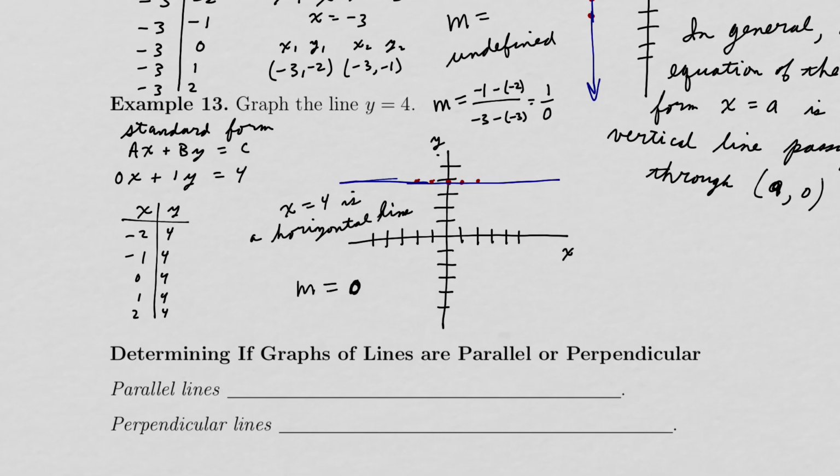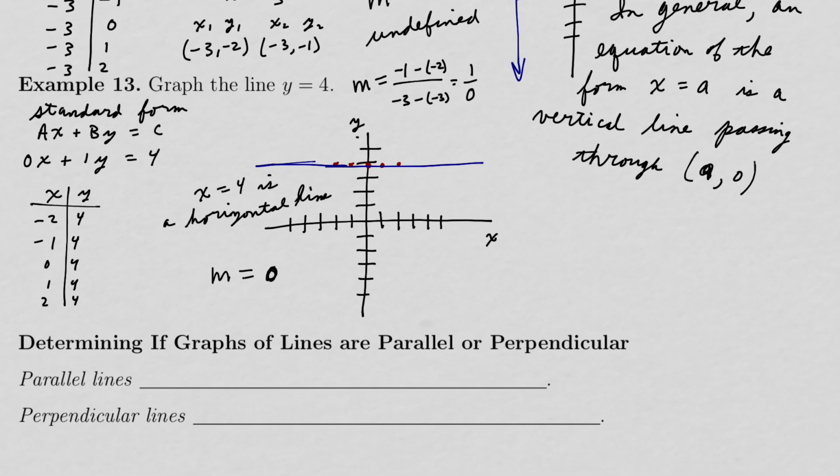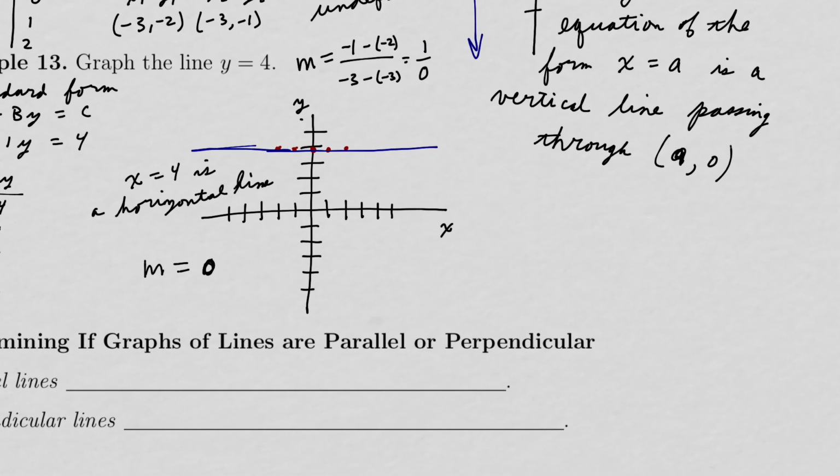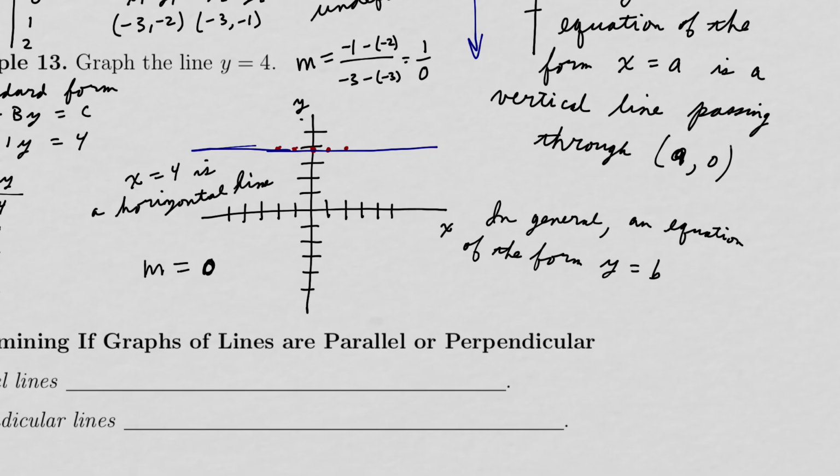So I can write this in general again. So in general, an equation of the form y is equal to a constant, usually we just say b, is a horizontal line.